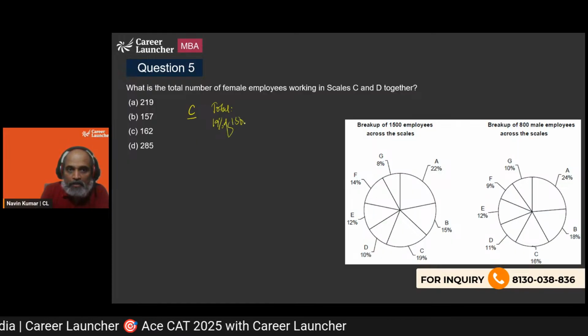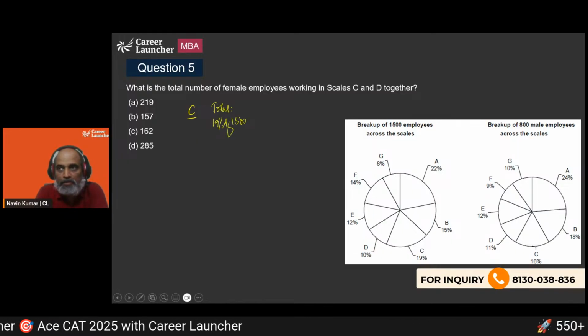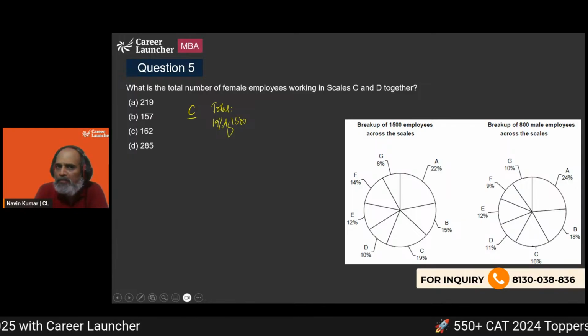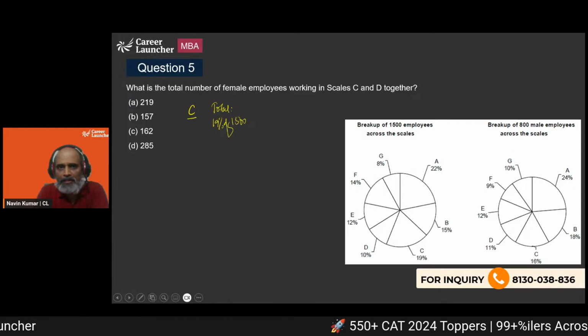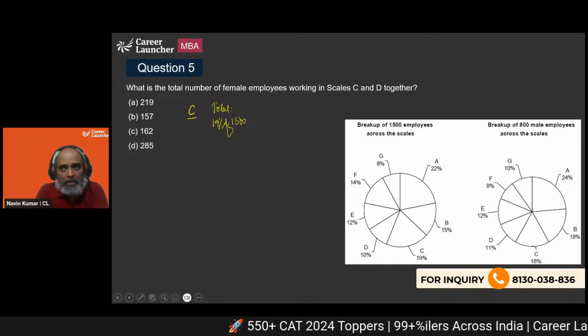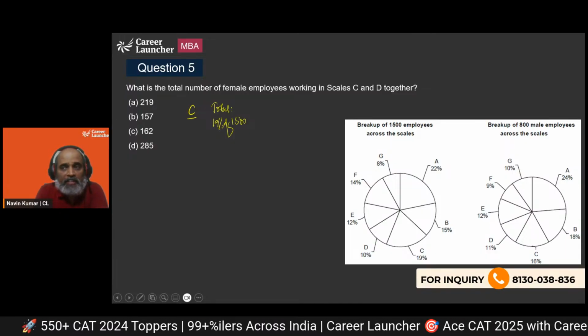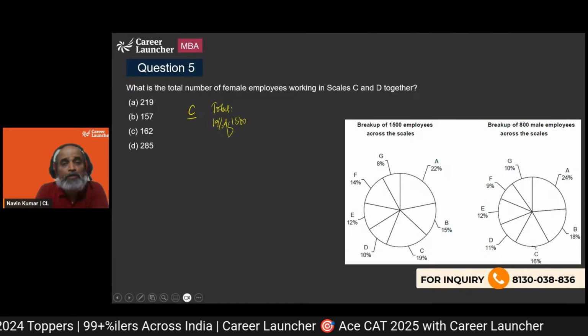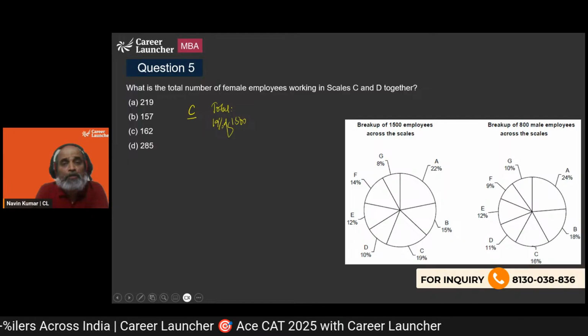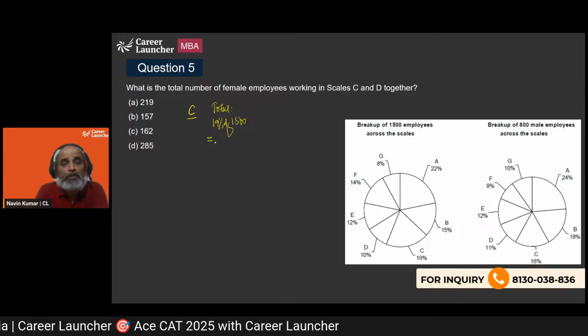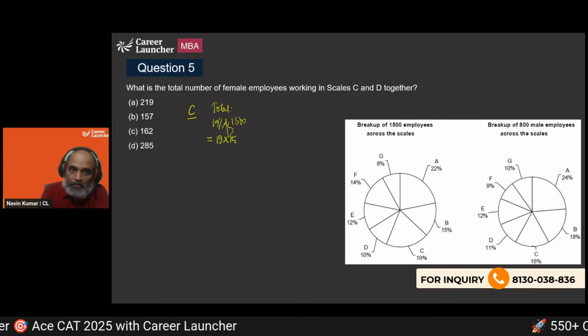When you calculate values like 19% of 1,500, you should not multiply 19 by 100 into 1,500. Percentage always takes care of the two zeros, or it shifts the decimal to the left by 2 places, so this is the same as multiplying 19 into 15.